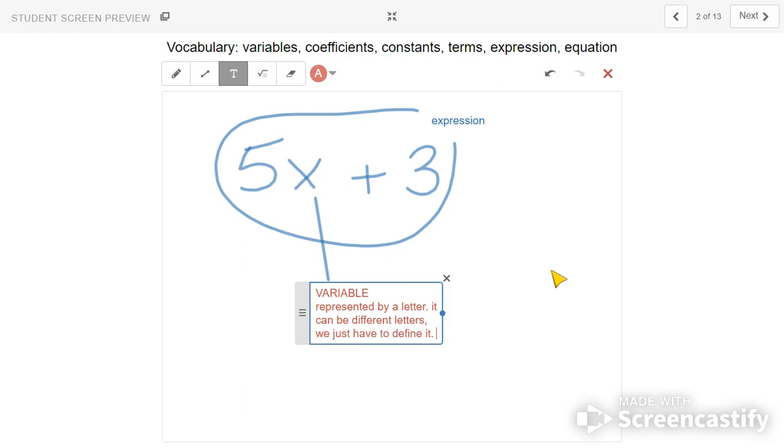Now, we need to define what our variable is because often it represents something. So we could say, let x be the height, or let x be the width, and we're going to substitute the value of that into x.